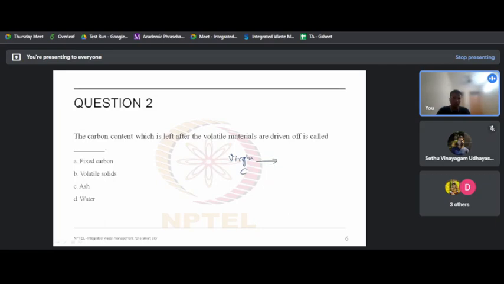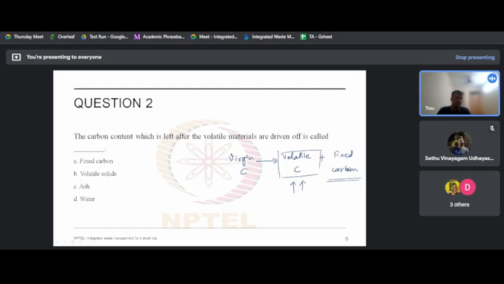When we try to heat this waste up to derive energy from this, we will be left with two things. One will be the volatile part of carbon, which will be in form of mostly biodegradable compounds, and one will be the fixed carbon. This volatile part, from the heat, gets driven off. It will get converted to energy and other such forms, but the fixed carbon will still remain.